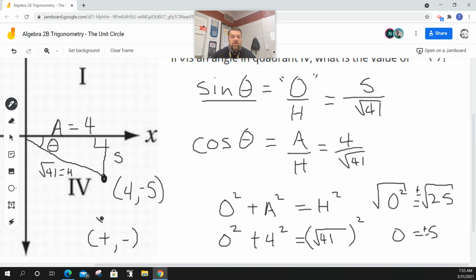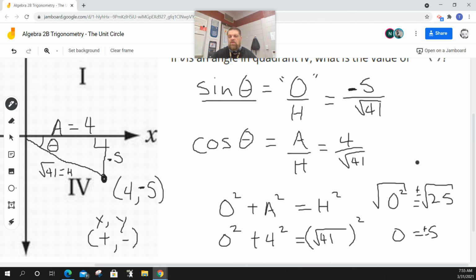Just like I said before, x is positive in the fourth quadrant and y is negative. So it should be x, which is 4, right? To get to this point from the origin, I go over 4 and I go down 5. Now it's not drawn to scale, but clearly this is a negative 5 here. So then this has to be negative 5.